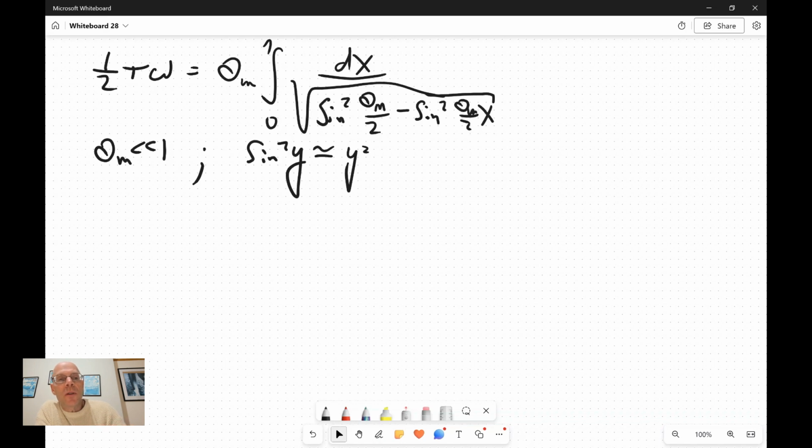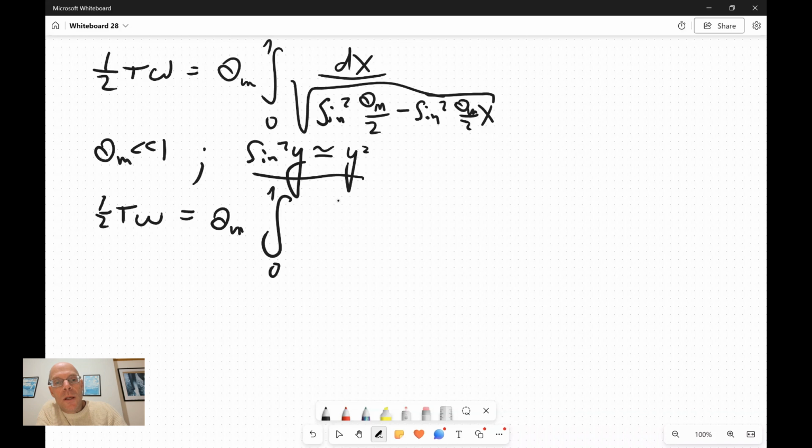And using this approximation, we arrive at half T omega equals theta max integral from 0 to 1 dx. And what we have here is square root of theta max over 2 squared, namely theta max over 2, and 1 minus x squared.